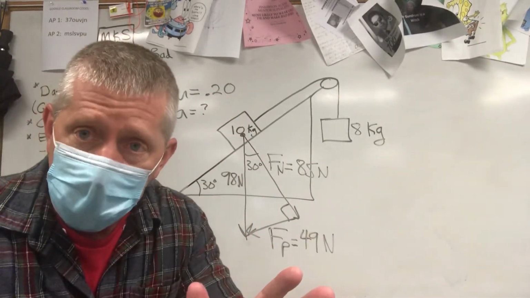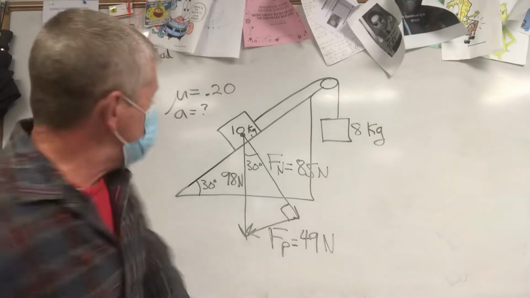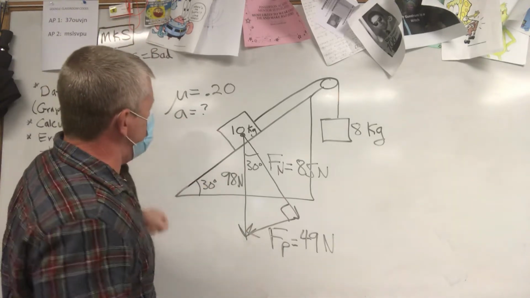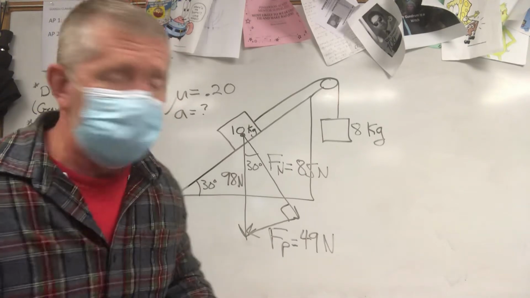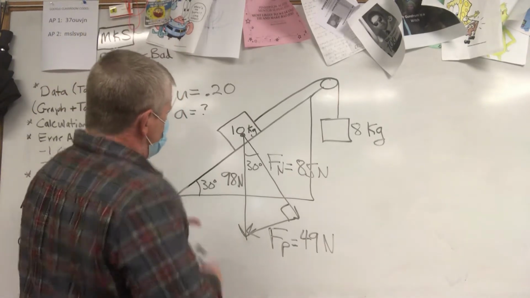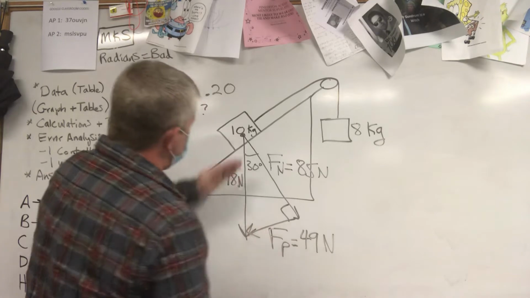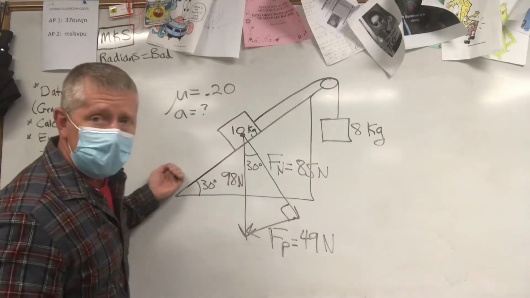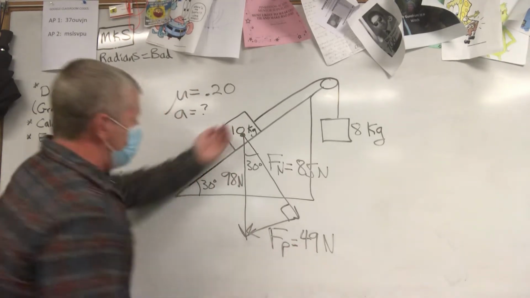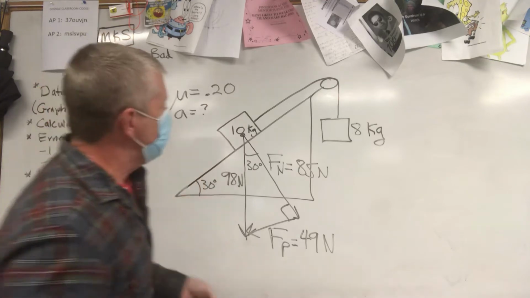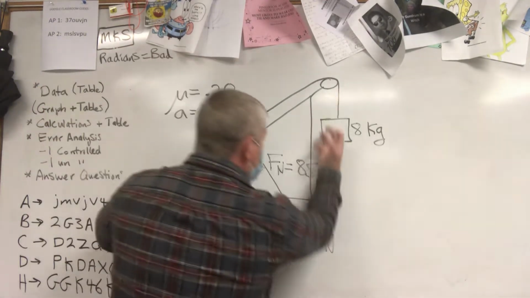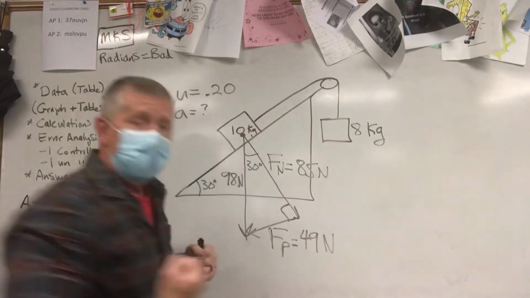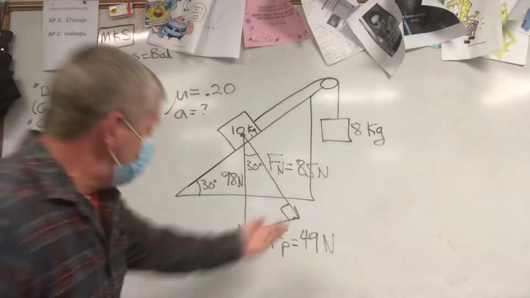Now we're going to look at the problem and see what we have to do. I need to find the acceleration of the box. Which way will it move? Will it move? Okay, I've got 49 newtons trying to pull it down the inclined plane. This is gravity saying, come to Papa. However, this mass up here is pulling up on the inclined plane against this down.